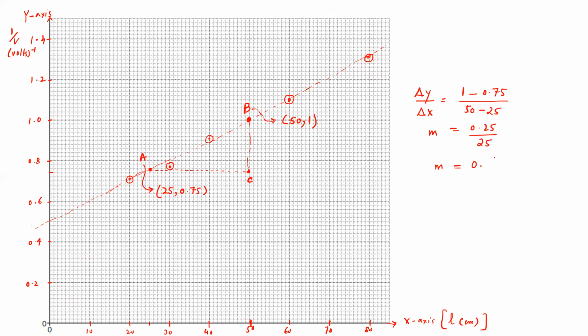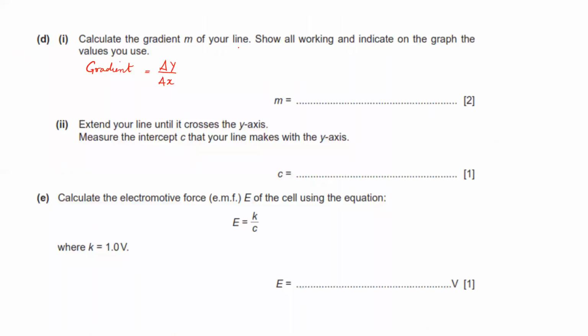Okay. So this is how we calculate, and make sure you mention these 2 points on your graph. So over there we do 1 minus 0.75 divided by 50 minus 25. This comes out to be 0.25 divided by 25, and this value is 0.01.